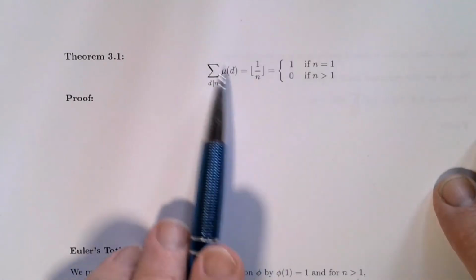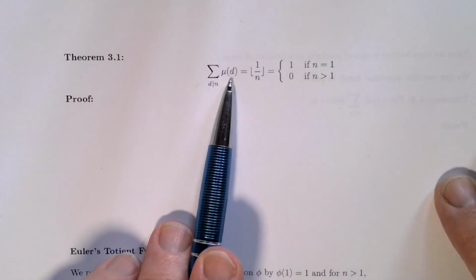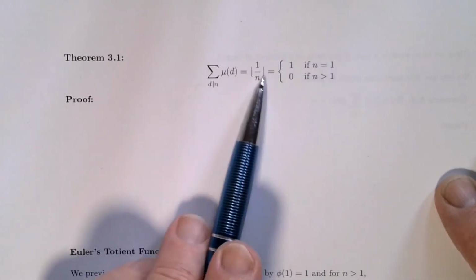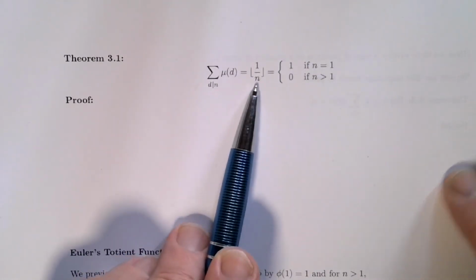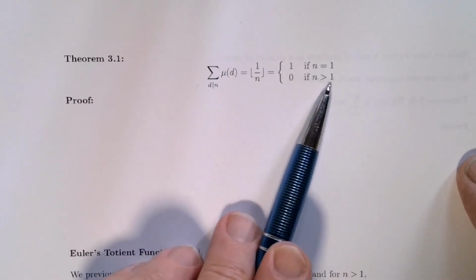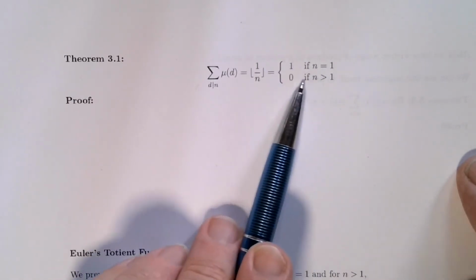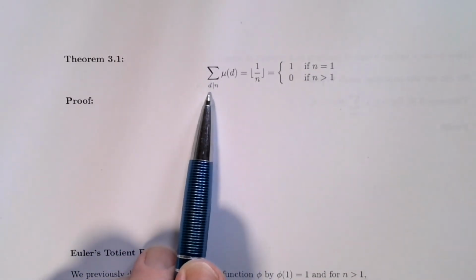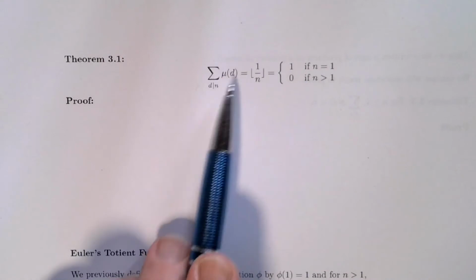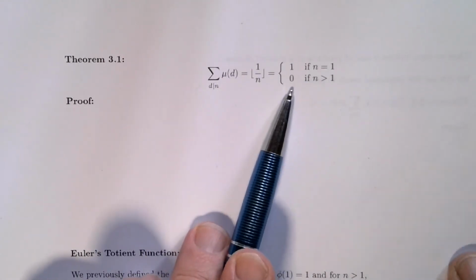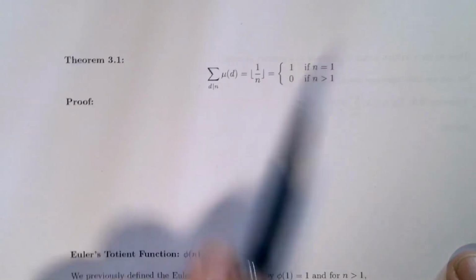It says if you take the sum of these mu of d over the divisors of n, then it just looks like the floor of 1 on n, which is a fancy way of saying it's 1 if n is 1, and it's 0 if n is bigger than 1. So in particular, if you add up mu over the divisors, then you get 0, except in the case when n is 1.